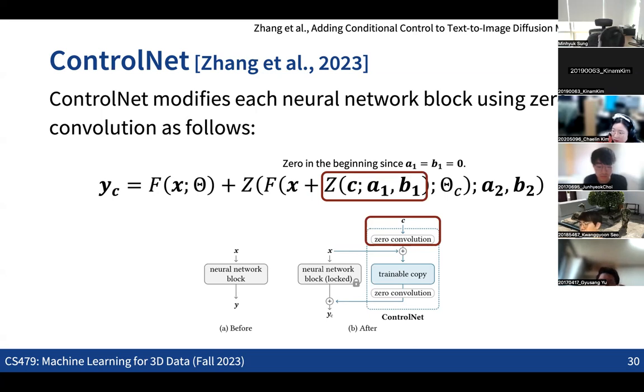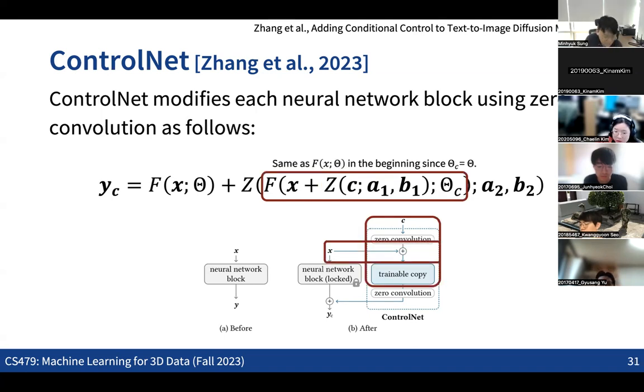Then we add the output of this zero convolution to X, and feed this into the network, which is a copy of the pre-trained network. Since the output of the zero convolution is zero, this should be exactly the same as X at the very beginning, before the fine tuning. So we get the same input as the original noise prediction network, and feed it into the copied network.